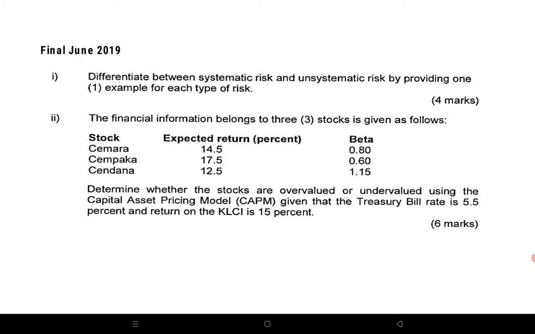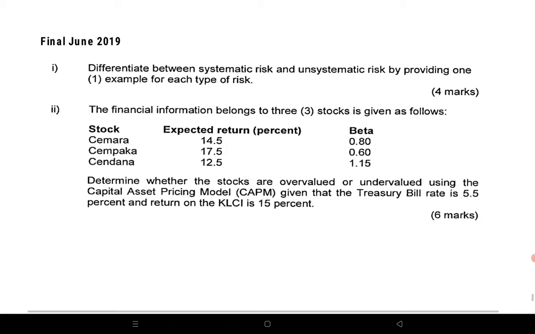There are 3 stocks, Cemara, Cempaka and Cendana. Given are the expected return and also beta. Determine whether the stocks are overvalued or undervalued using the capital asset pricing model, given that the treasury bill rate is 5.5% and the return on the KLCI is 15%.